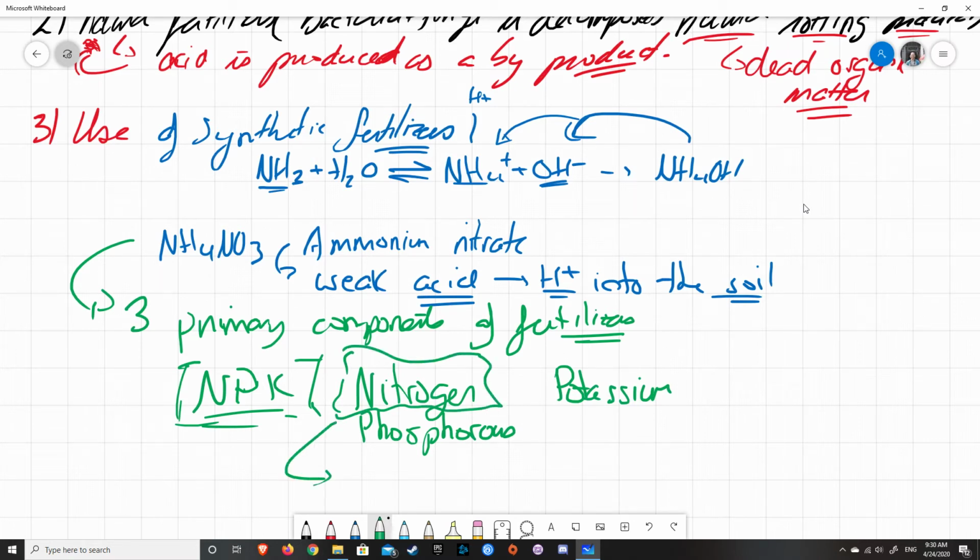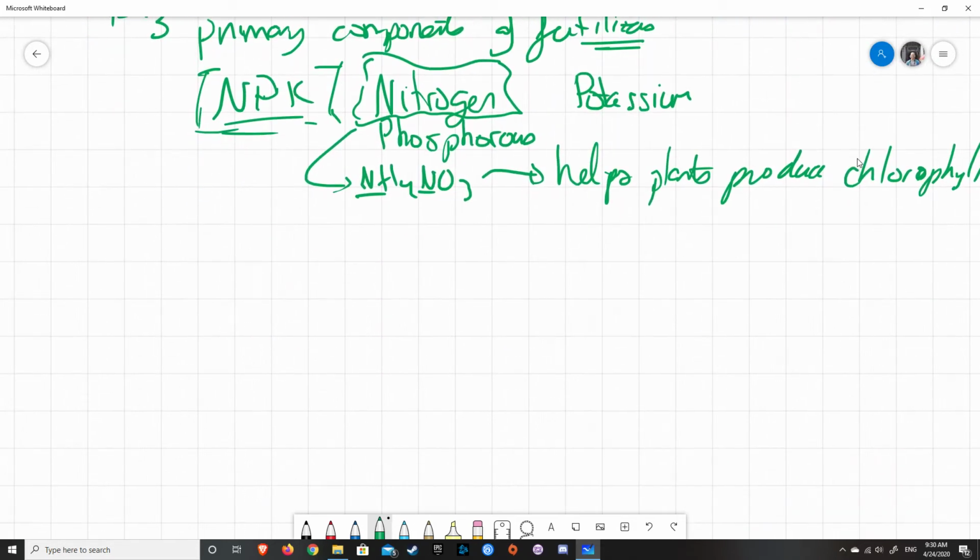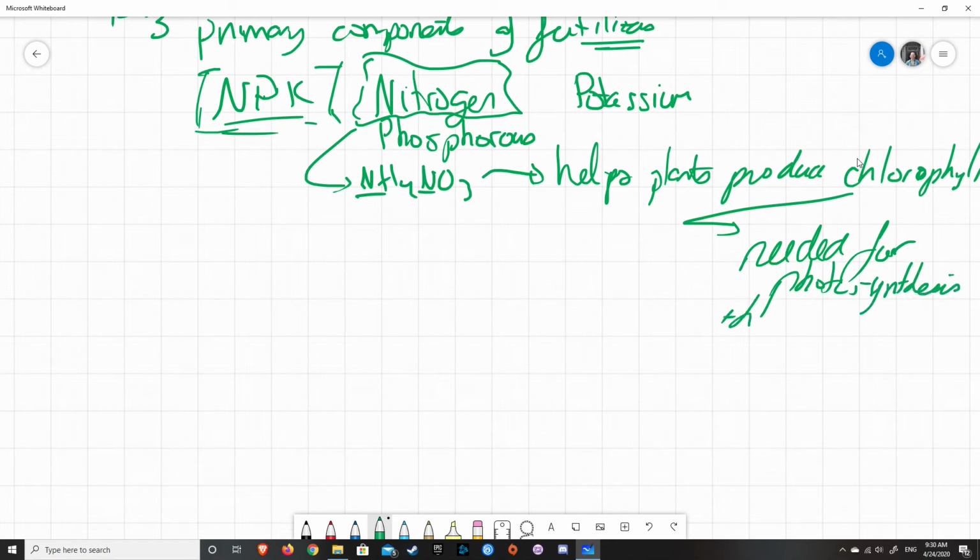That's why we use fertilizers like NH4NO3, because it contains lots of nitrogen, and this helps plants produce chlorophyll, which is needed for photosynthesis and healthy growth.